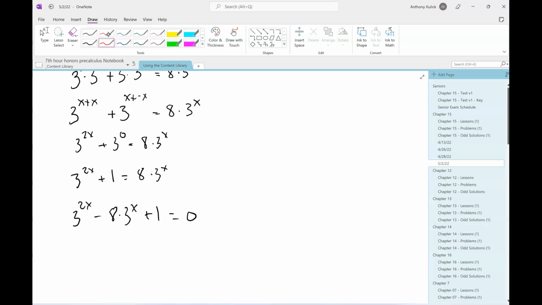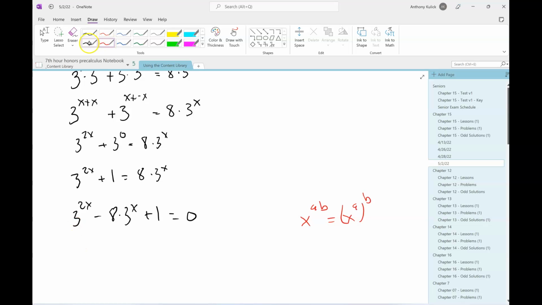What does that remind you of? What kind of equation have we solved before that has 3 terms in it like that? Quadratic. What if I said this was in the quadratic form? Are you not convinced? Let me convince you. So remember that when we have an exponent of an exponent, we multiply, right?